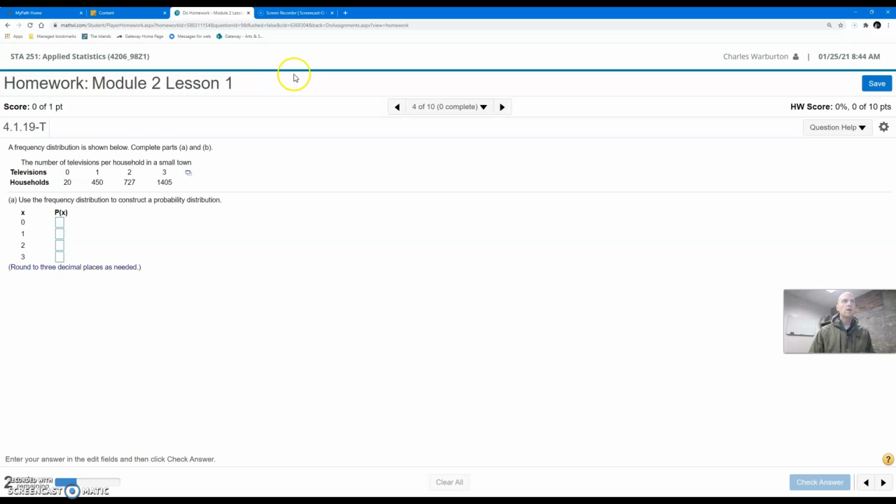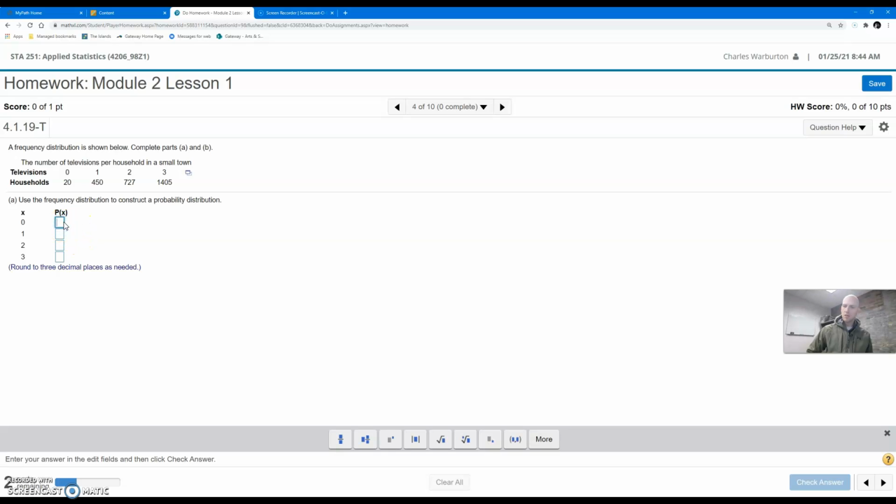So the total number of households would be 2,602. Okay? Now, how do I find that probability? I take the individual count for the number of households that have, in this case, 20 TVs, and divide it by the total number, which was 2,602.